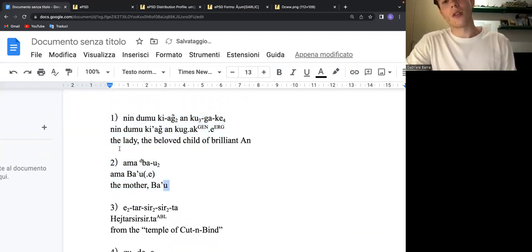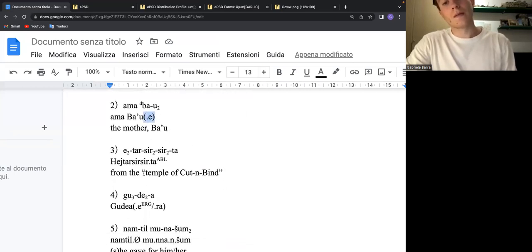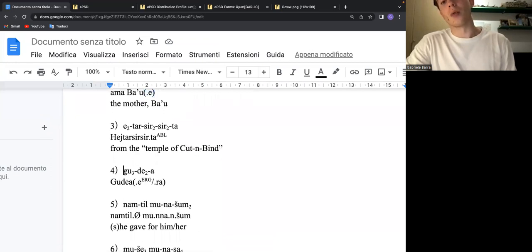So these, well, Ba'u basically, would be the agent if the genitive really is here. And then Gudea could be the beneficiary with a missing ra. Now you don't see that too often.